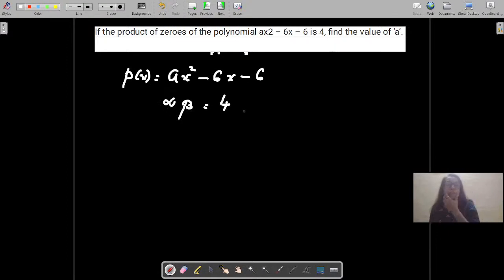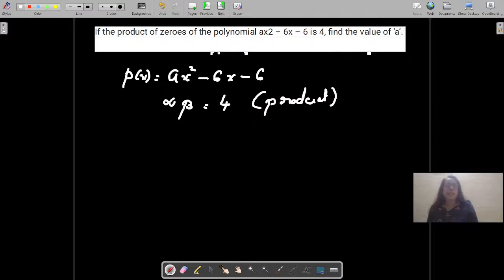Alpha beta is 4. This is the product. Product of zeros means alpha into beta. So product is equal to 4, right? Now the product is 4 and the polynomial is given. What is the value of a?